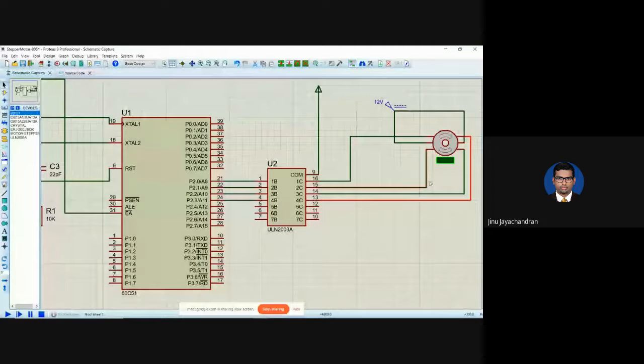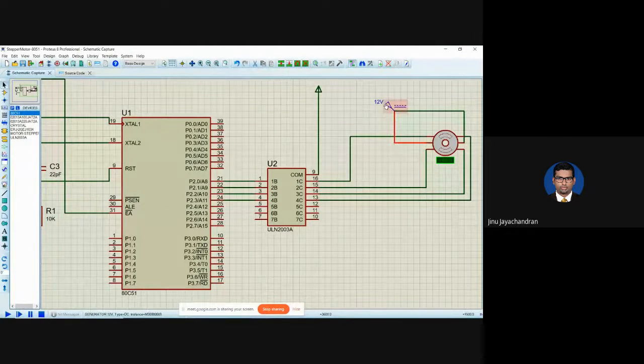The stepper motor has 6 terminals, as we have seen in the diagram, and the middle terminal will always be connected to 12 volt, which drives the stepper motor. The next 4 wires coming out of the ULN2003A are connected to the stepper motor to control its rotation. Basically, the program running inside the microcontroller is controlling the rotation of this stepper motor.